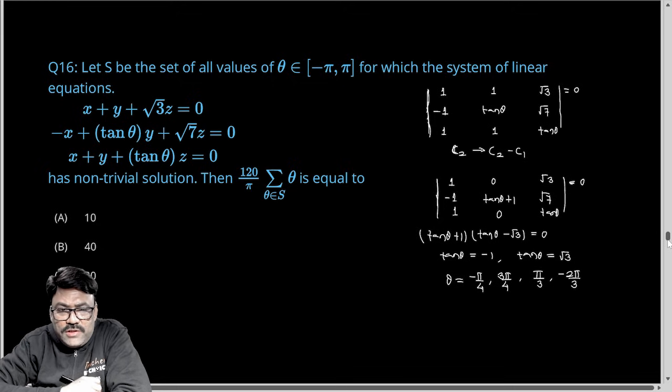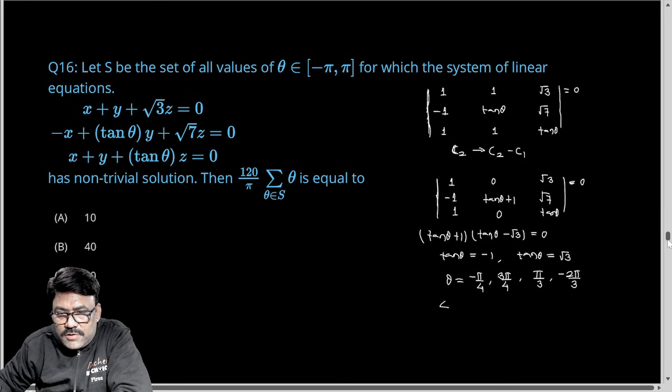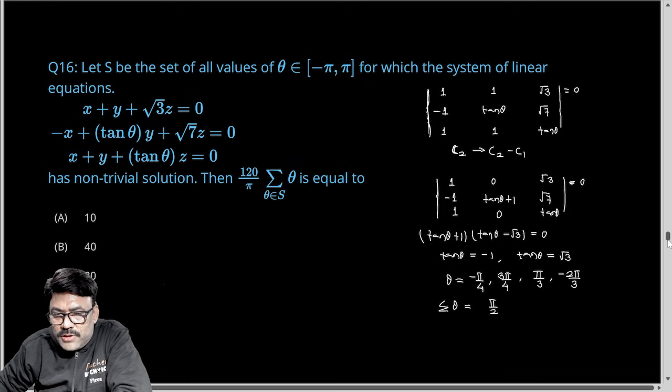Now they are saying take sigma theta, which means take the sum. 3 pi by 4 minus pi by 4 is 2 pi by 4, which means pi by 2. Then pi by 3 minus 2 pi by 3 is minus pi by 3. So this sum is basically pi by 6.